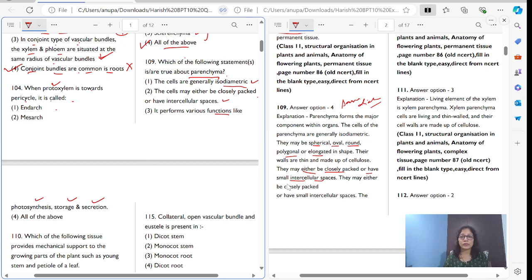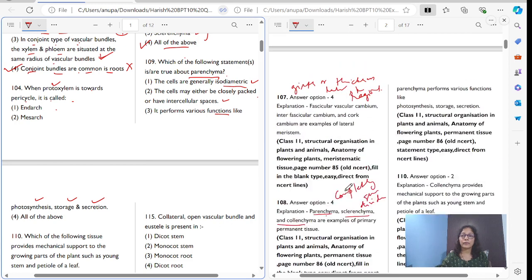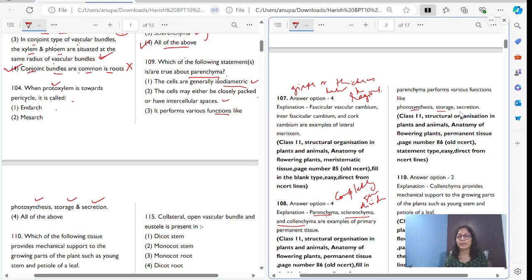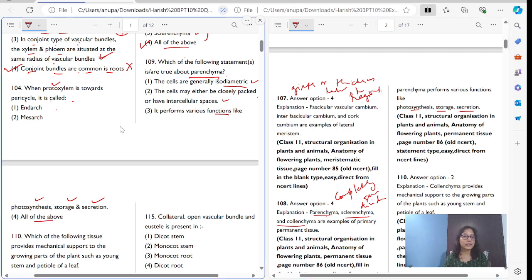This statement is also correct. And the fourth option is all of the above. So the answer to this question will be option number 4, that is all of the above. All of these are true about parenchyma.